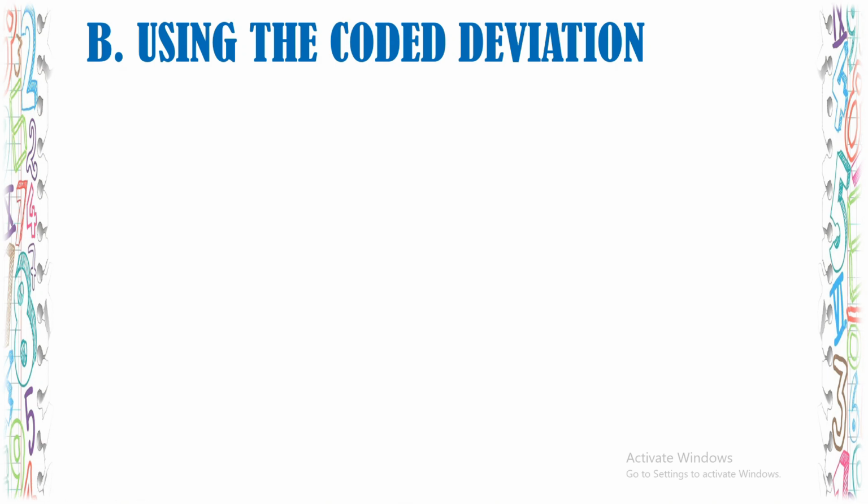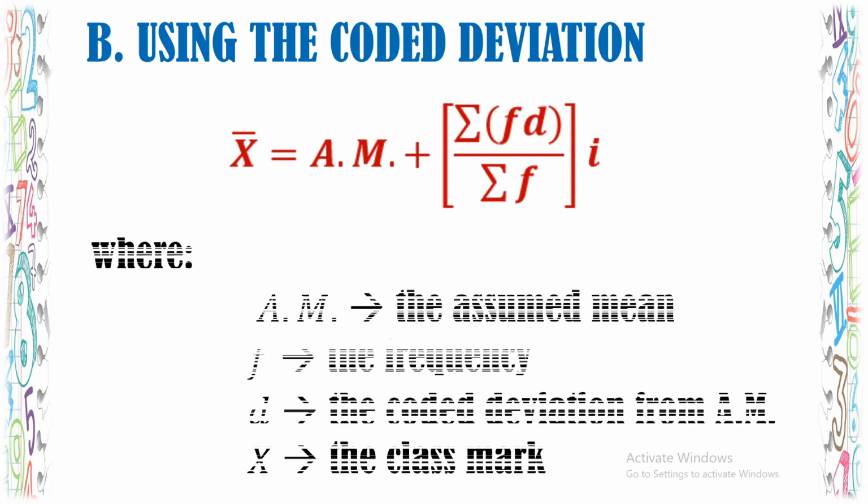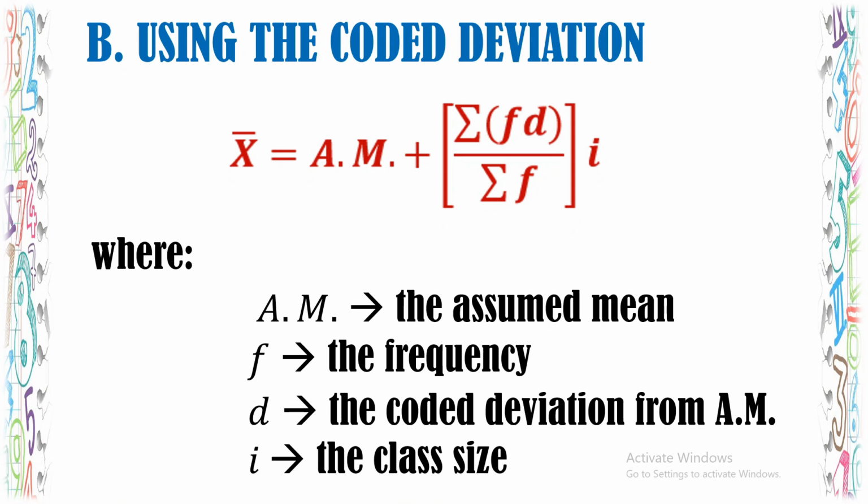So in using the coded deviation, we use the formula mean is equal to AM plus the summation of FD all over summation of F times the class size, where AM is for the assumed mean, F for the frequency, D for the coded deviation from the assumed mean, and I for the class size.